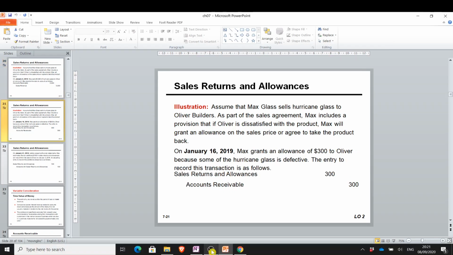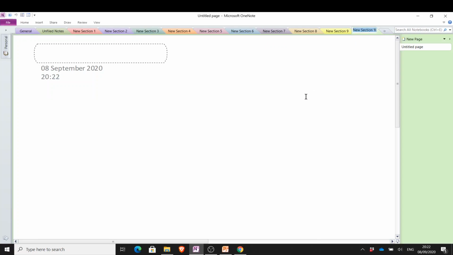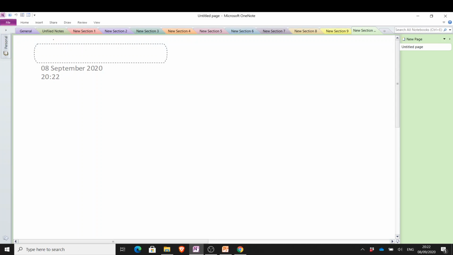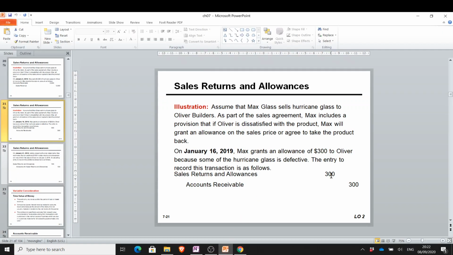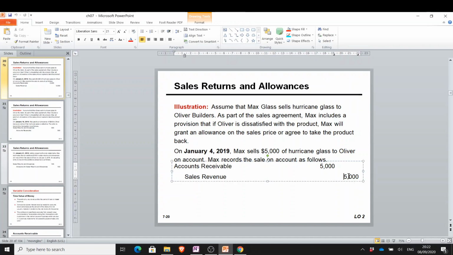So when we make a T account, the T account will be like this. This one is sales 5,000. This is the first information that we have here. Sales revenue is 5,000 here.